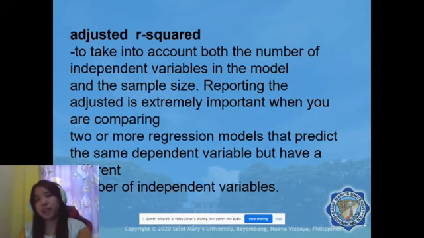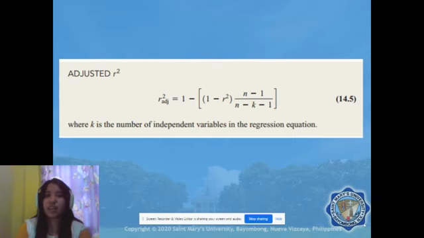In a simple linear regression, what you need to report is the R squared. But for a multiple linear regression, since we have two or more variables, it's actually better to report the adjusted R squared.